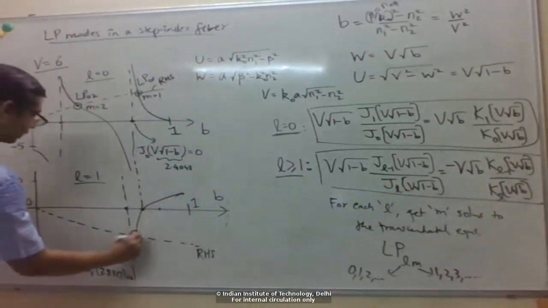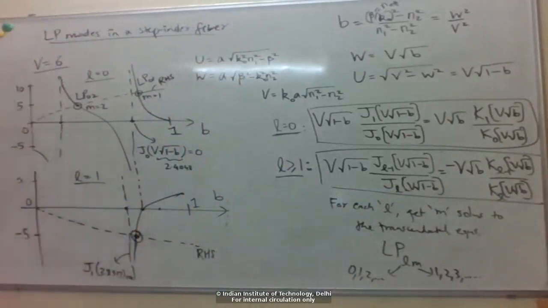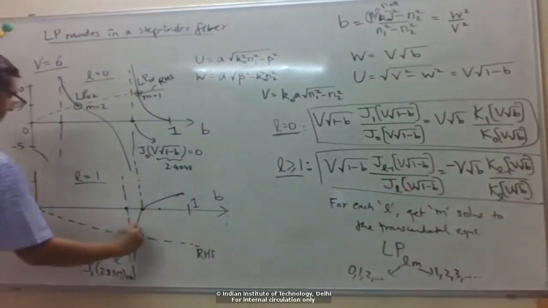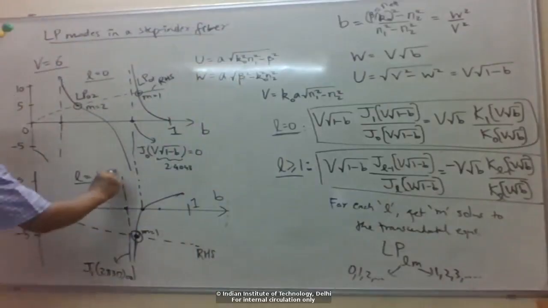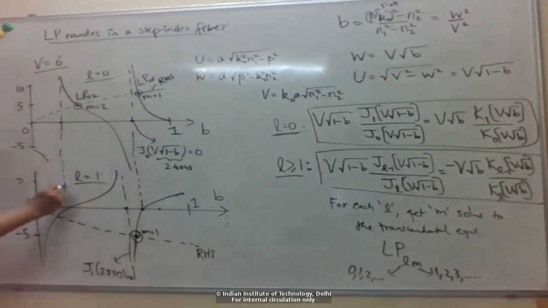Again, before that we get an intersection here. So this is m equal to 1. Again, it starts from here and then goes like that. Right, so again it crosses 0 at the next root of J0.